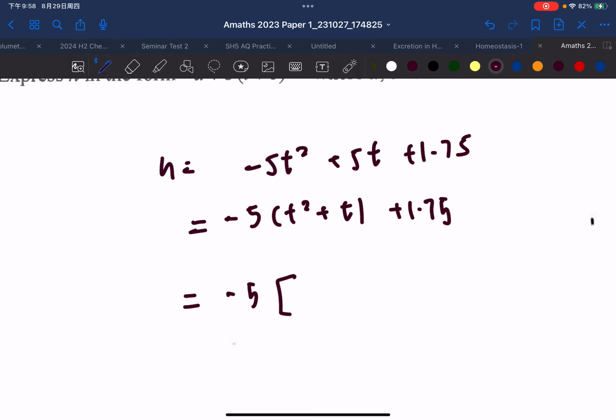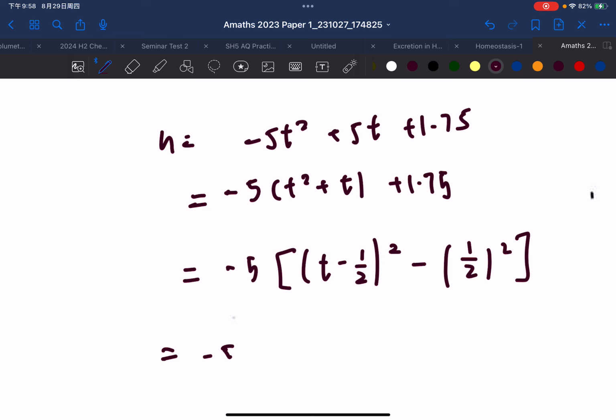So after that, okay, I will be able to get this being my completing the square, and then this, I need to minus off the square because I added the square. Then I will get this. Is it? This is wrong. Why? Because this has to be multiplied back with this.